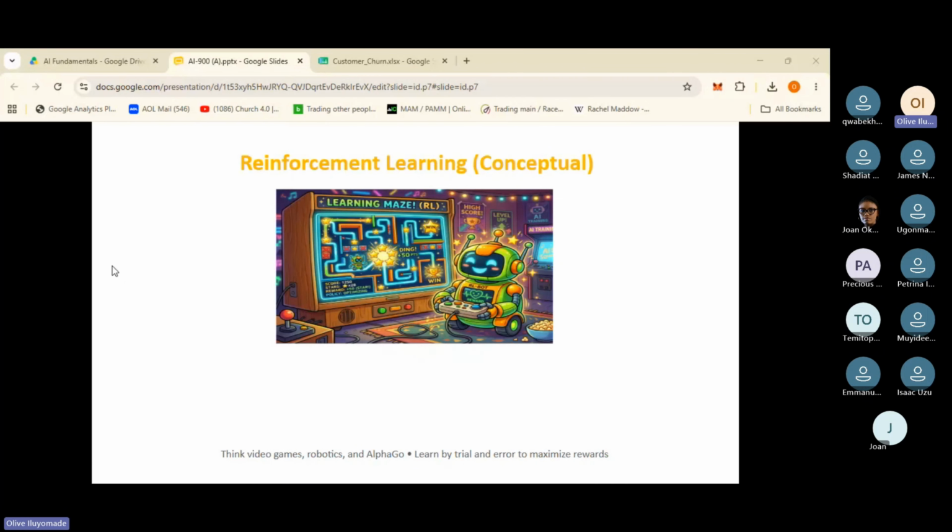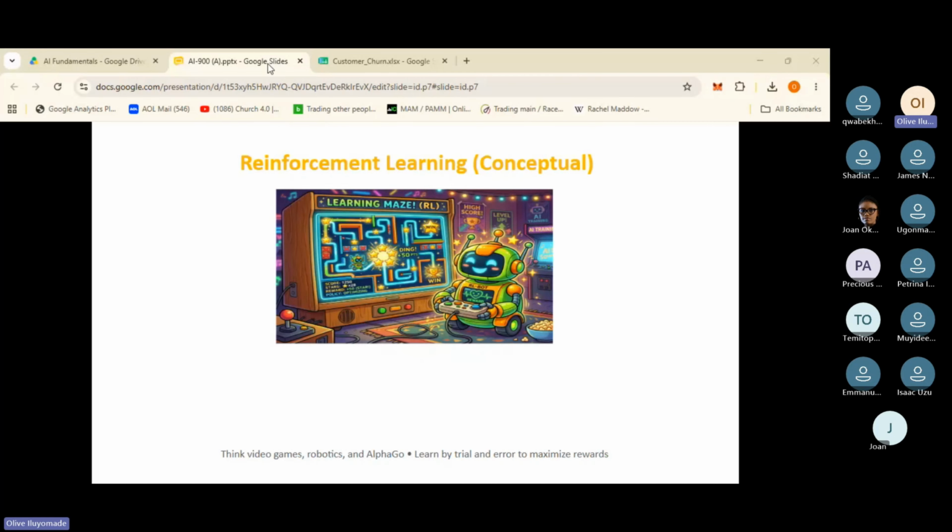If it's not, it knows that it won't get any bone. So it's not used for things like churn prediction, which is customers leaving. It's not used for all that. It's used to power games, self-driving cars, etc. So that's your reinforcement, trial and error.